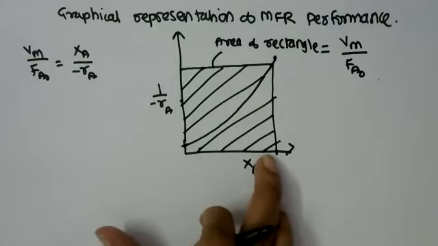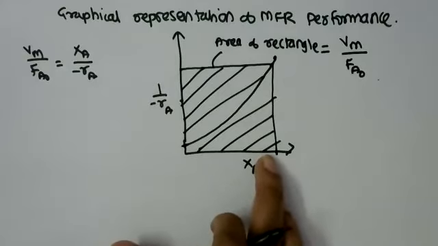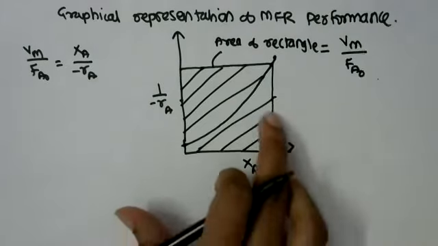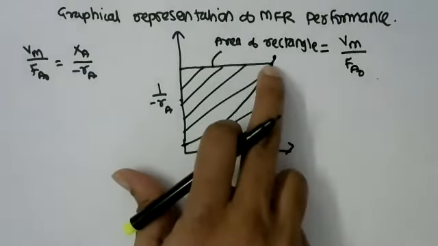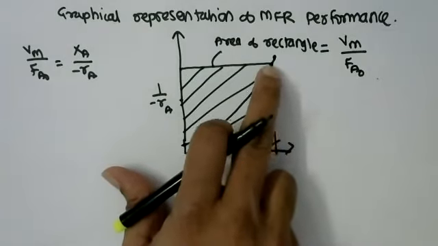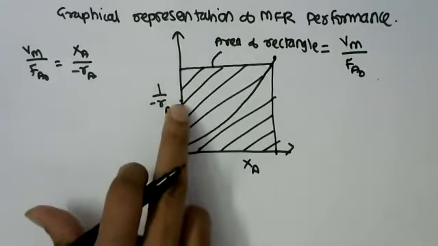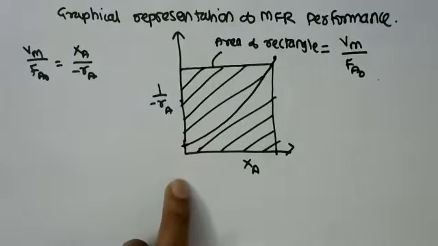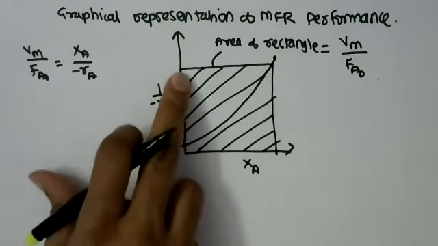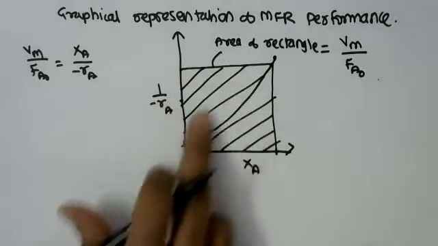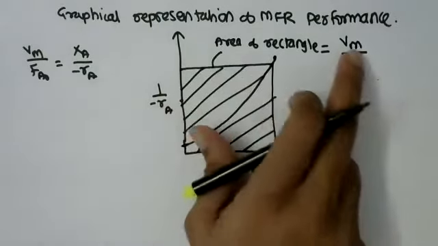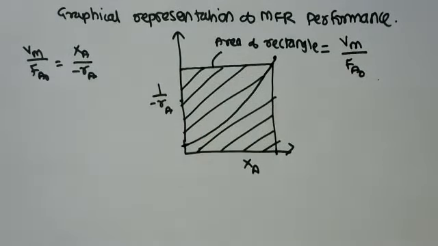you may locate the point on the x-axis corresponding to the conversion expected, draw a perpendicular till it intersects the curve, then draw a horizontal line till it intersects the ordinate, that is 1 upon minus Ra, and complete the rectangle. So that area of the rectangle corresponds to Vm upon Fa0.